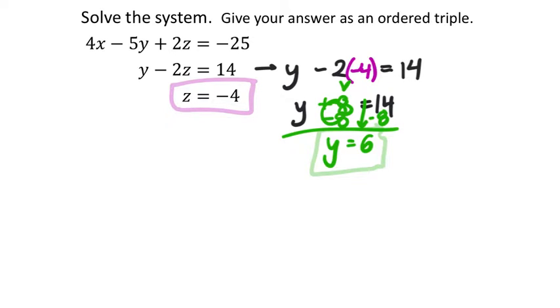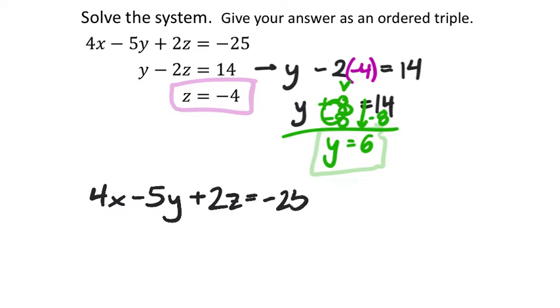So let's rewrite that one: 4x minus 5y plus 2z equals negative 25, or at least it should be. So I know the y value, I made it green right there, so that's a 6. And then the z is negative 4.